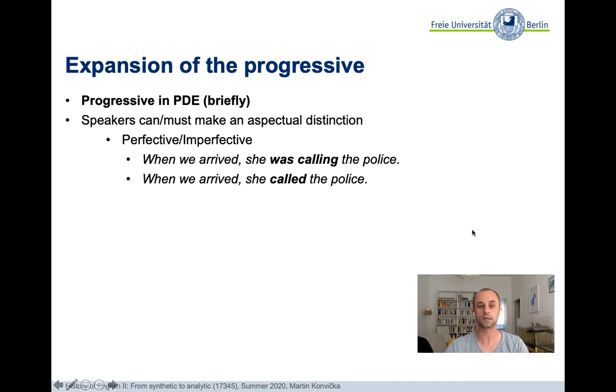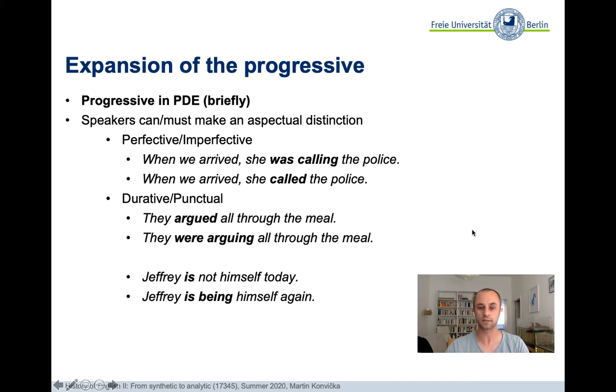But this is not all, right? With using the progressive form, we can also, for example, express the durative or punctual nature of the action at hand.